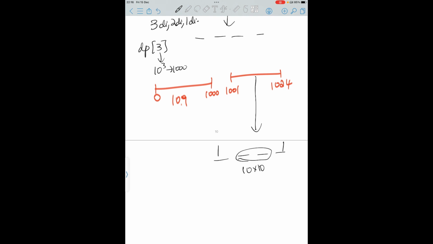Since this digit is 0 in 1024, we don't have any choice but to fill this as 0 itself. We only have choices for this place. Since this digit is 2, we can fill with 0 or 1 or 2, because 1001 and 1011 or 1021, they're all less than or equal to 1024. So we got three such numbers from 1001 to 1024. We just add.